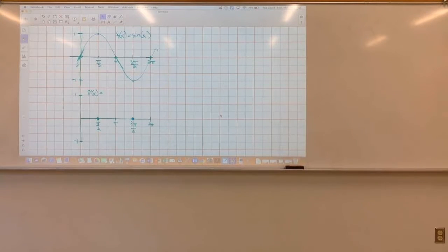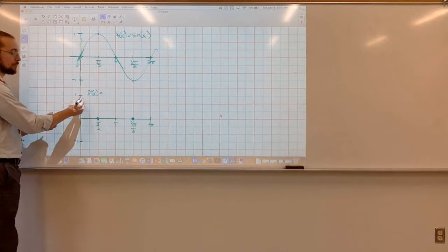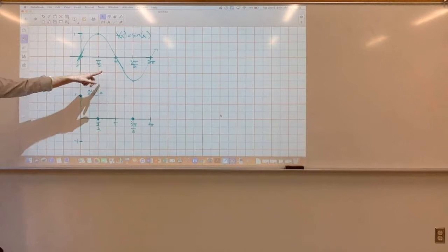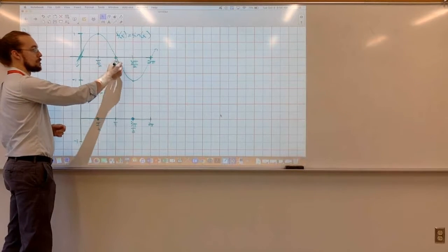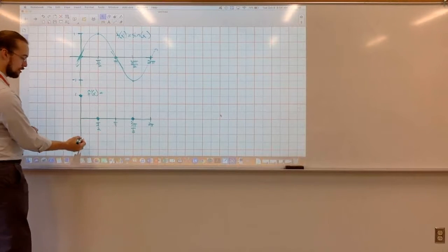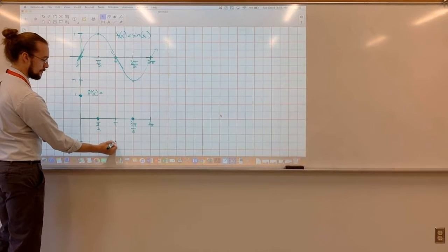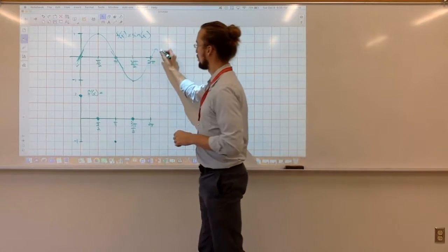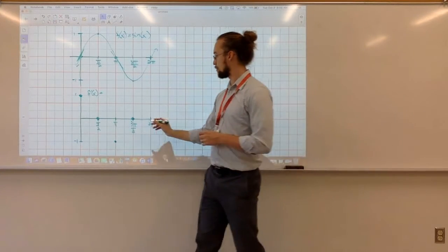Looks like maybe about 1. So the derivative value would be equal to 1. How about at pi? What's the approximate slope there? Looks like maybe negative 1. How about at 2 pi? Maybe positive 1 again.